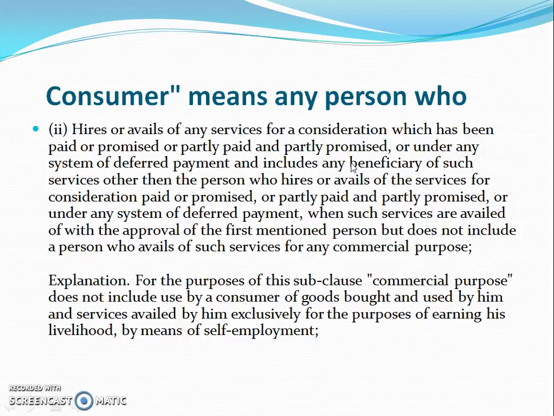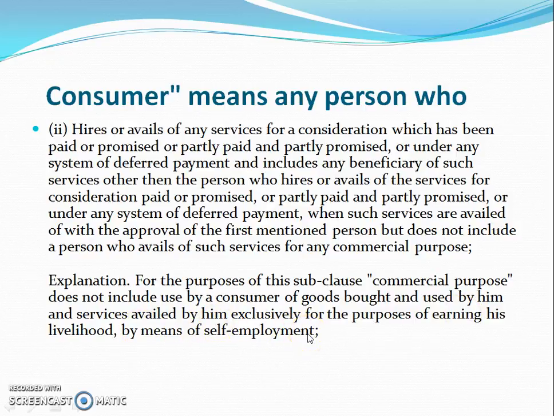Again, the consideration in this case also can be either fully paid or fully promised, or it can be in the case of installments. But it does not include a person who buys these goods for a commercial purpose. Now, there's another subclause to this definition, that commercial purpose does not include use by a consumer of goods bought and used by him and services availed by him exclusively for the purposes of earning his livelihood by means of self-employment.